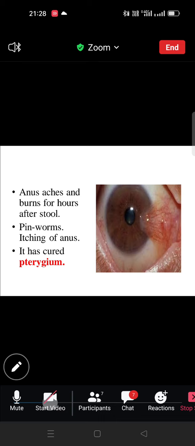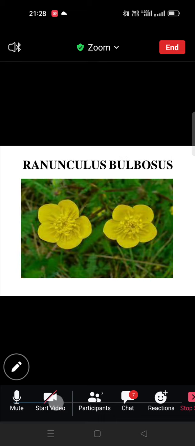But we can talk about another medicine, that is Ranunculus bulbosus. You can see how beautiful this looks. Which part of this medicine is used in the preparation?